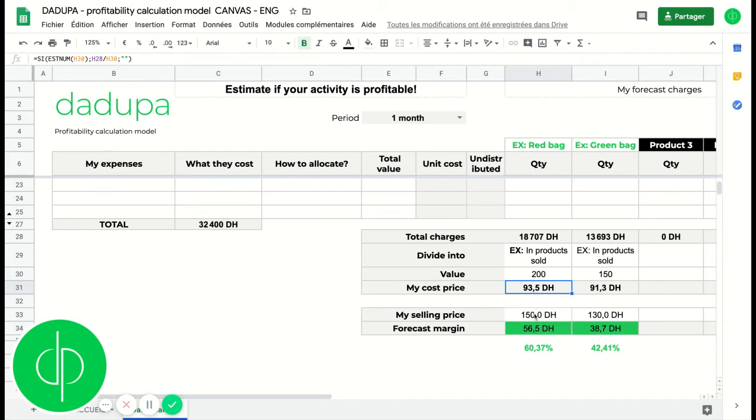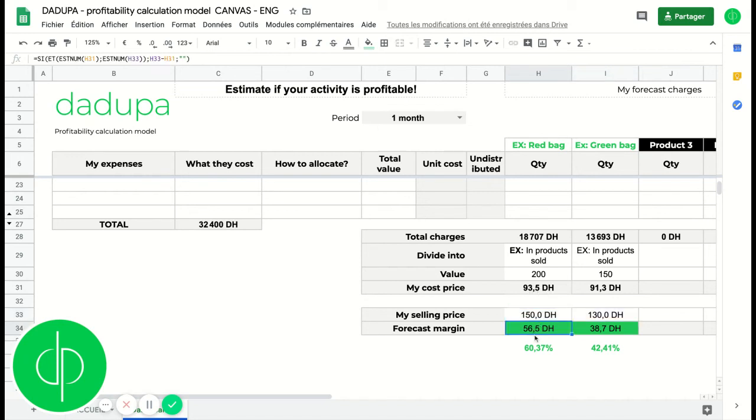Okay. So now I am able to enter my habitual selling price and to know if my margin is good. So here I had, for example, 150 dirhams for the red bag, and I had a cost of 93 dirhams.